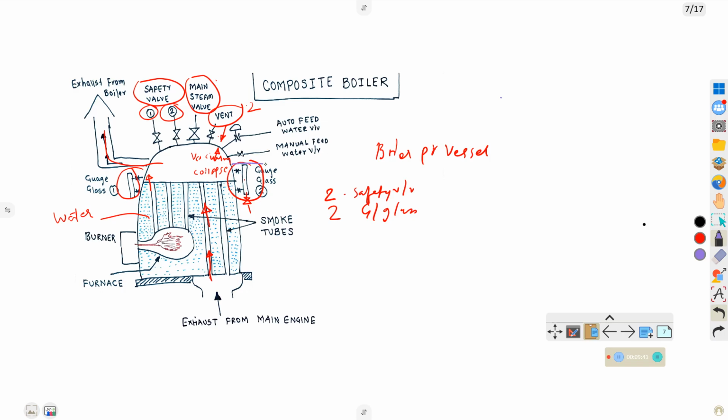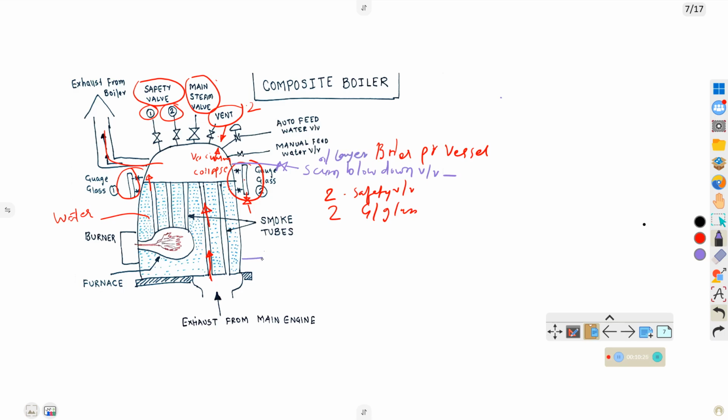Here one valve is there, called the scum blow down valve. What is meant by the scum blow down valve? When there is oil in the water, the oil will settle on top of the water. So from the top side you open this valve and drain the oil layer.